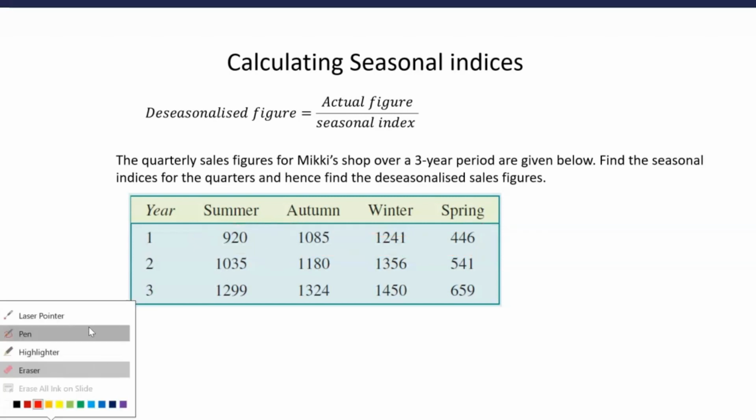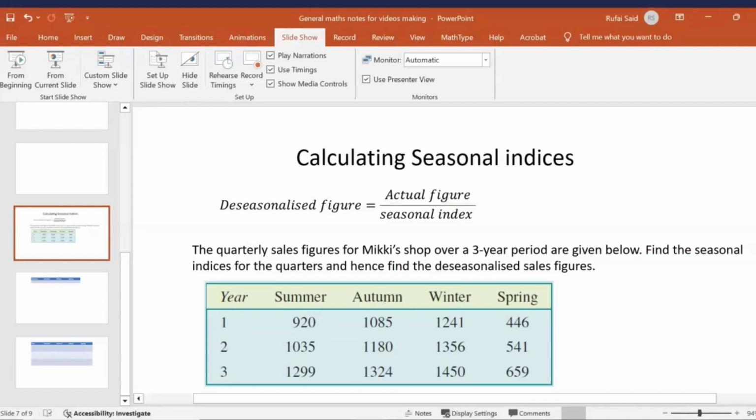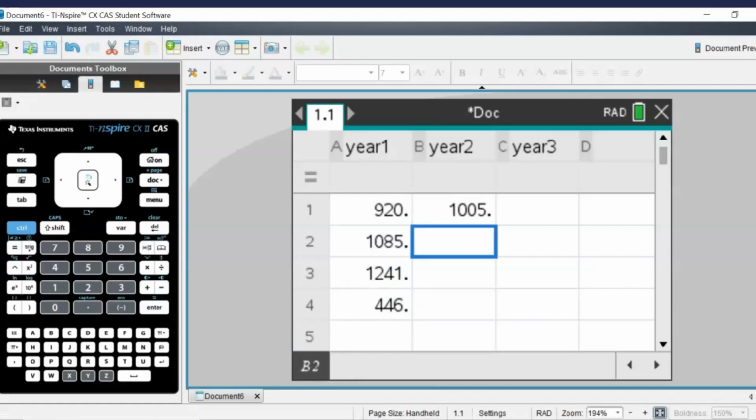All right, so let's do this first. To do that, the TI is your best friend, the CAS calculator. All right, let me change my screen to the CAS calculator. Now I've entered the first column, or the first year. I'm going to do the same thing for the second year as well.